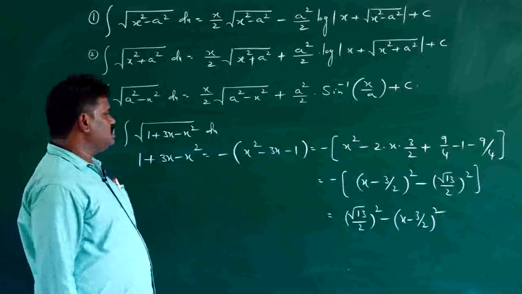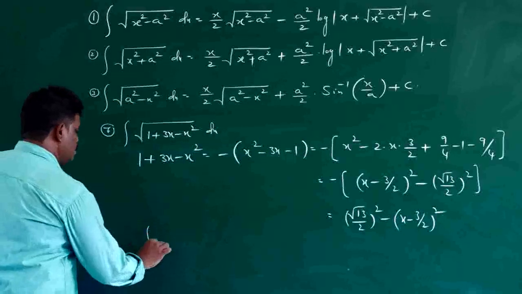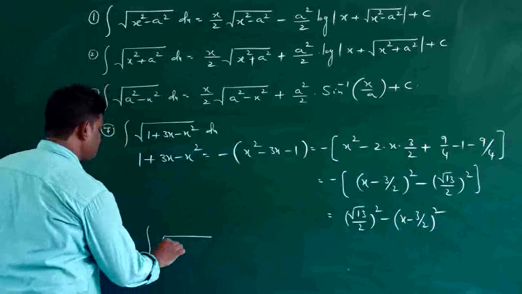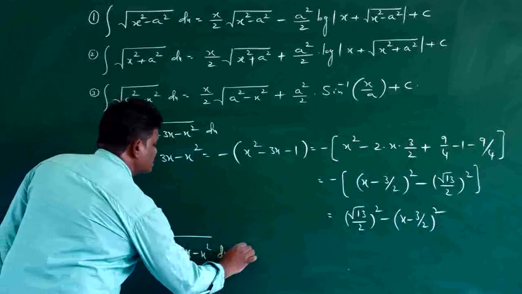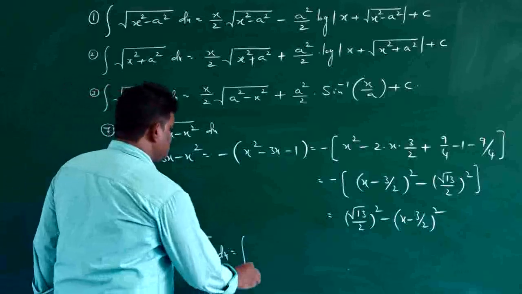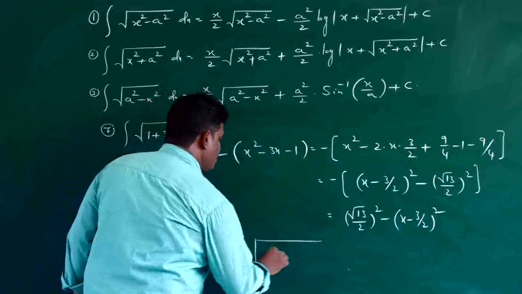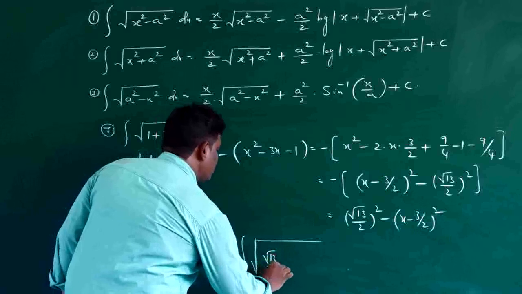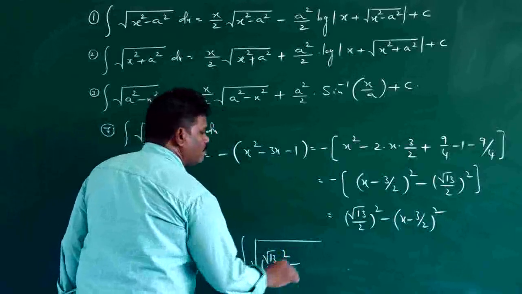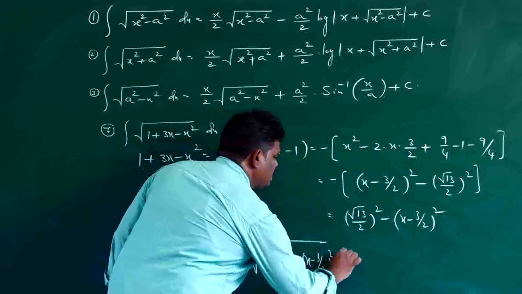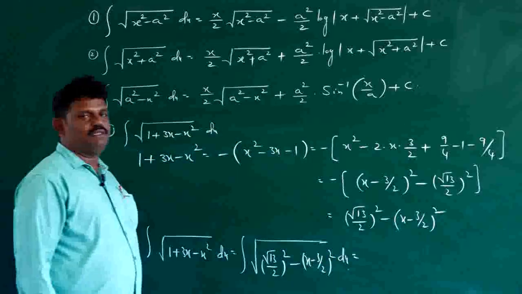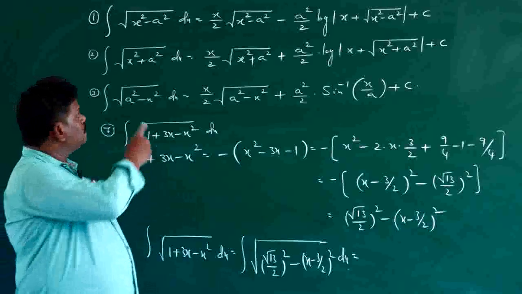Now we substitute this in the integral: integral of square root of 1 plus 3x minus x square dx is equal to integral of square root of root 13 by 2 whole square minus x minus 3 by 2 whole square dx. Which formula is this? a square minus x square, the third result.